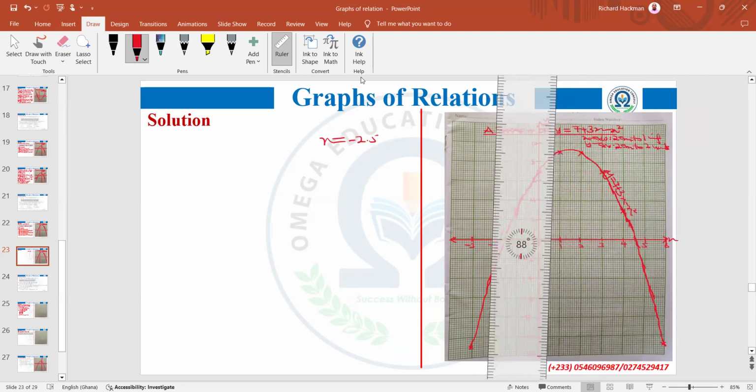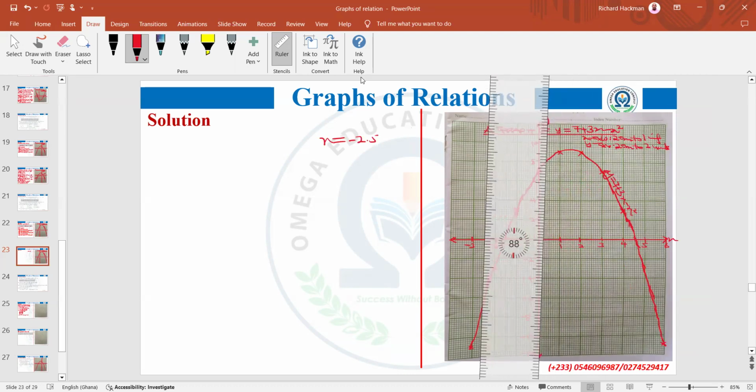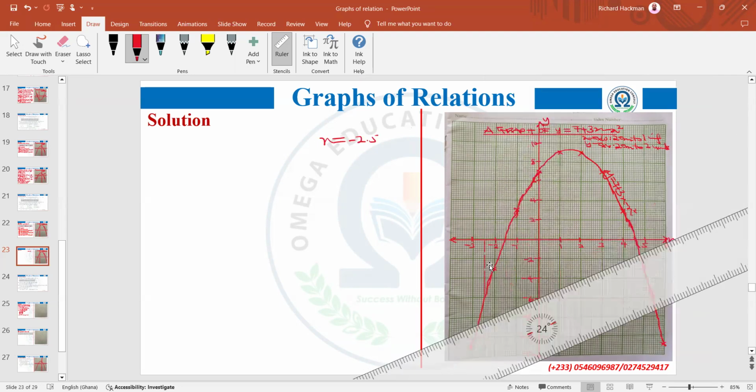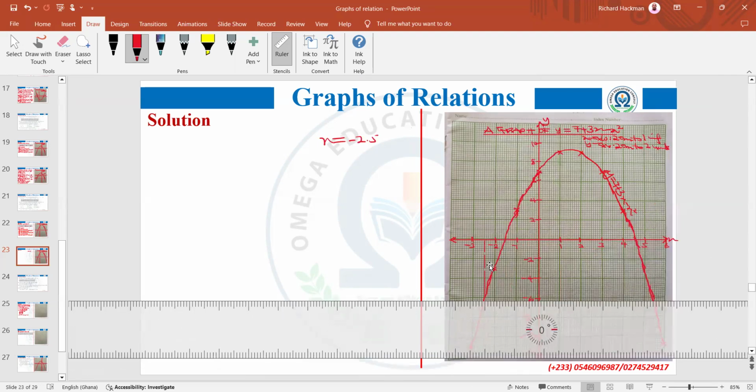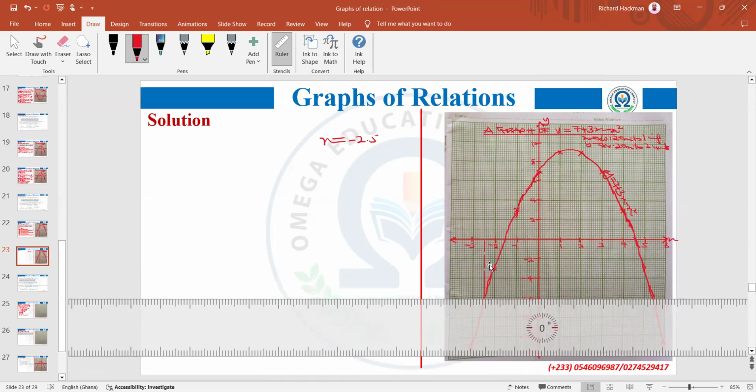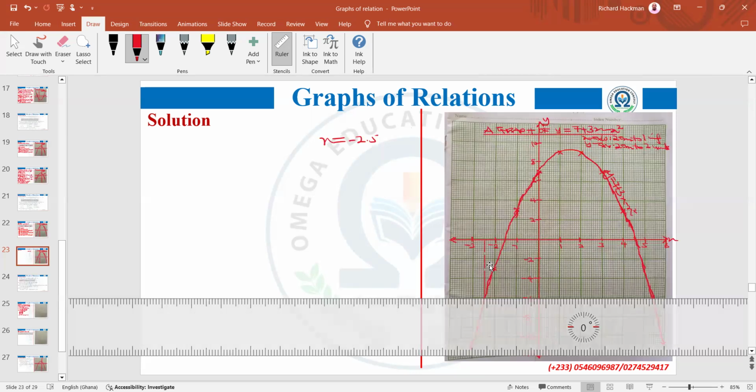Negative 2.5 is here. Do you agree? So trace, this is negative 2.5. Where it meets the curve, go and read the y-axis. I come and read the y-axis value there. I trace that one as well because I'm using that x to predict the y. Please, are you following?